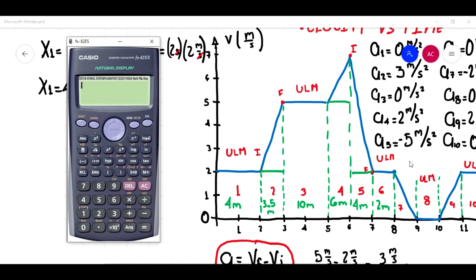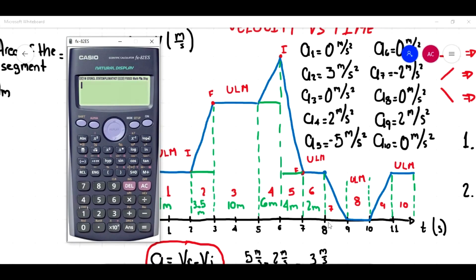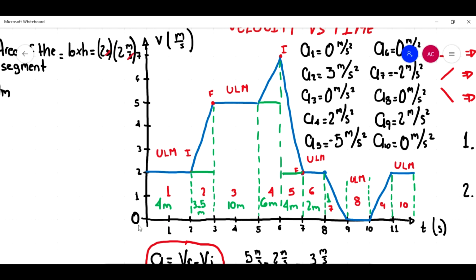Segment number 7 is 1 times the height, 2, over 2, because it's a triangle, so it's going to be 1. Here is 1. Here is 0, because it didn't move. Is that clear? It didn't move, so it didn't travel anything, so this is 0.